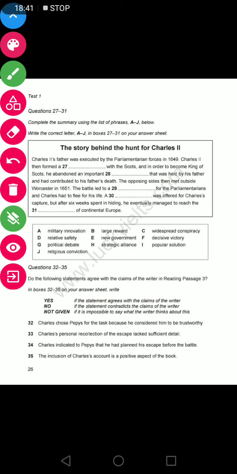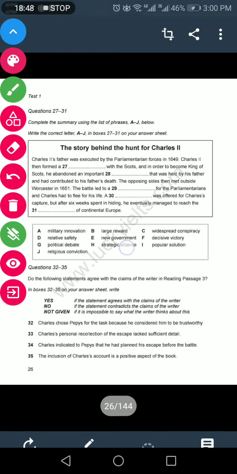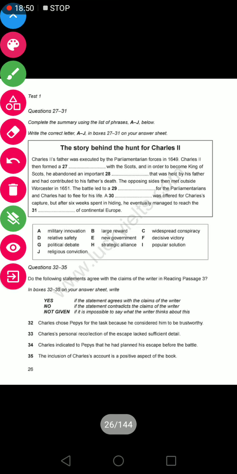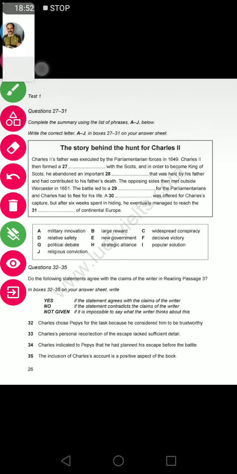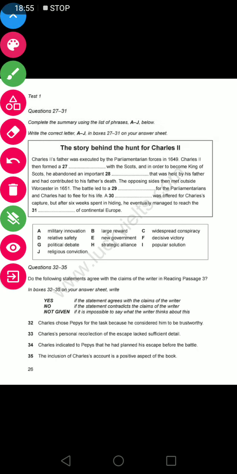So after checking and analyzing the words, we must not directly put, for example, if the answer to 27 is large reward, we don't have to put a large reward, because there they mentioned that we have to put A to J articles, A to J. So that's why we have to write here B. I don't know if B is the answer or not, I just give an example.